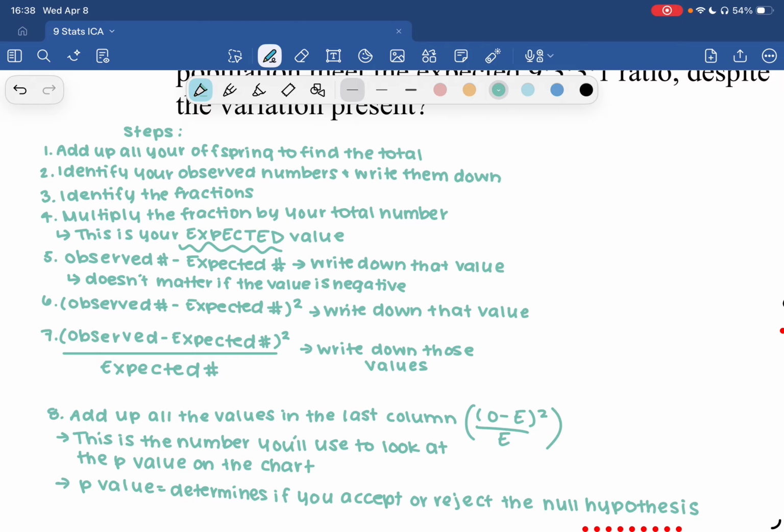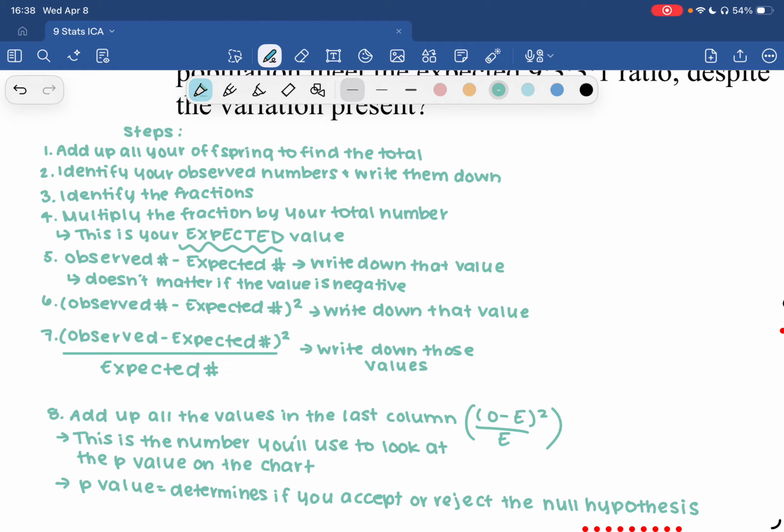And then you'll take your observed number minus expected number and write that value down. It doesn't matter if the value is negative because in the next step we are squaring it, so it'll end up turning positive anyways.